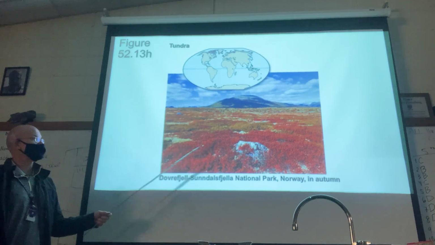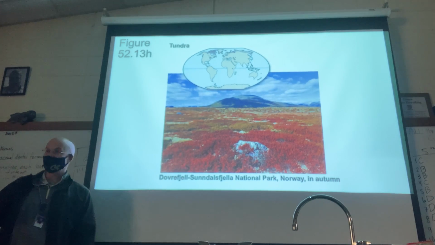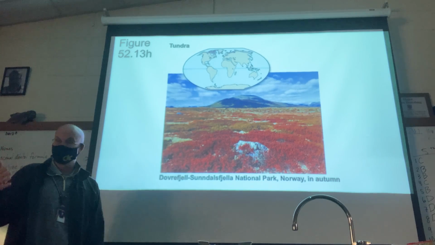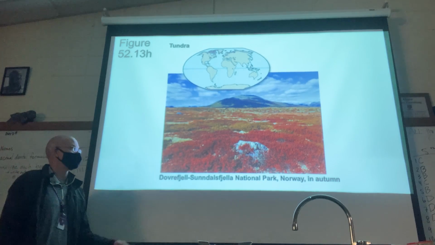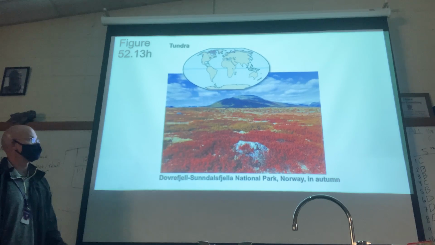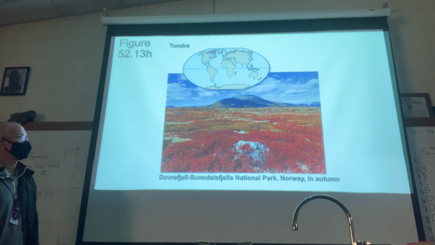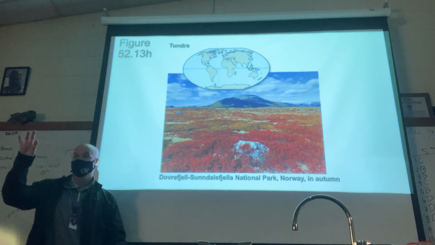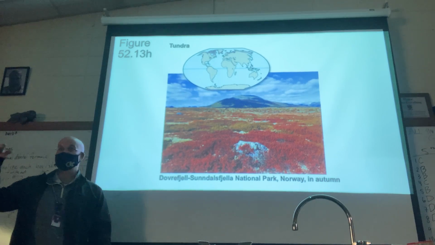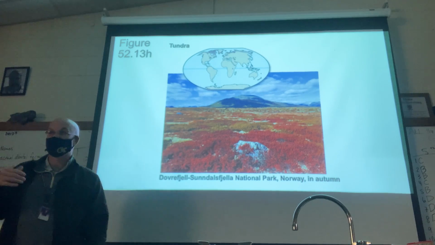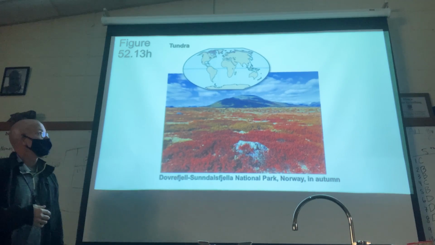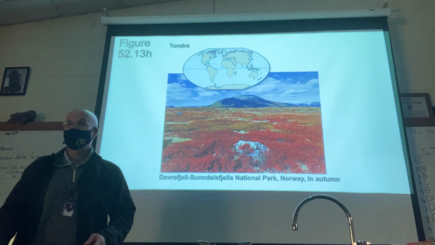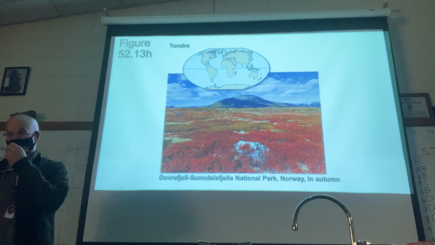You usually have specialized plants that grow very low to the ground, and animals that rely on minimal foraging and migrating through the tundra. And a lot of times in the tundra, you have a layer of ground pretty close to the surface that stays frozen, called the permafrost. Unusual biome that we would consider life there to be very difficult as a human.